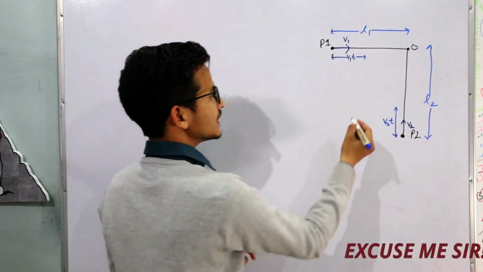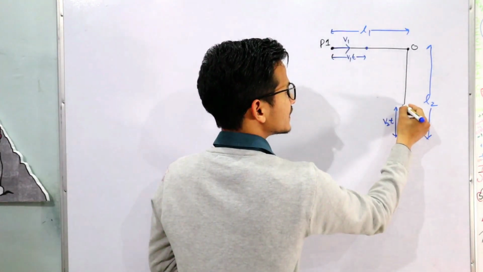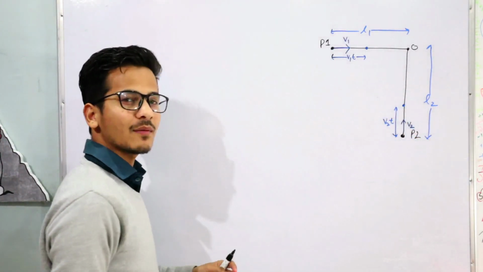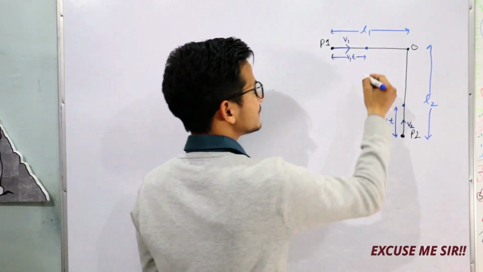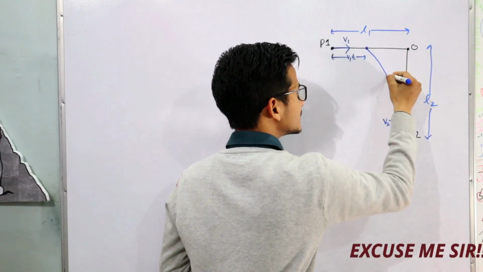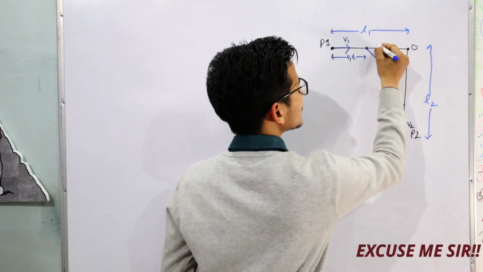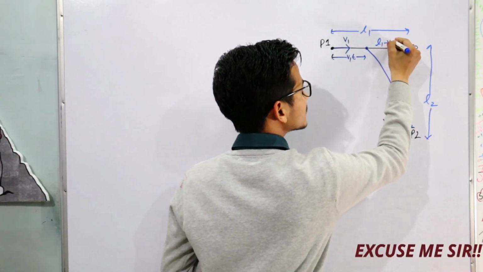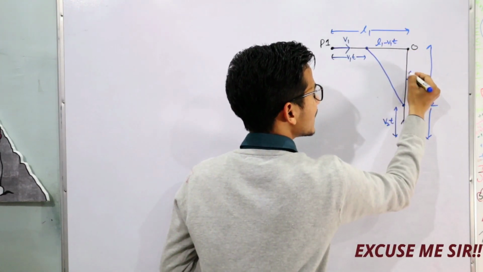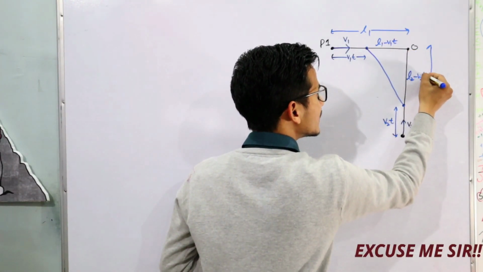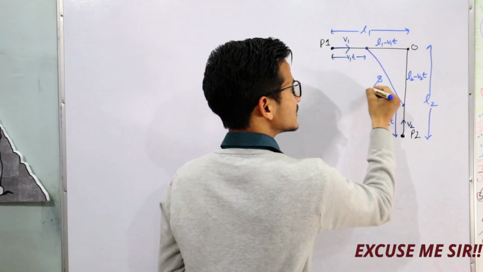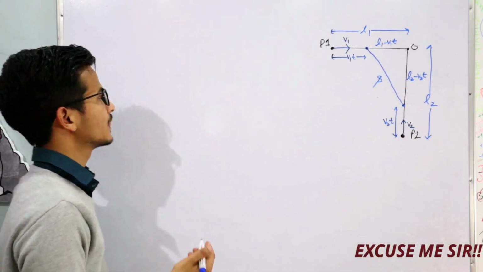The distance between these 2 points at time t is this. The remaining distances will be L1 minus v1t and L2 minus v2t, and this is the distance which should be minimum.